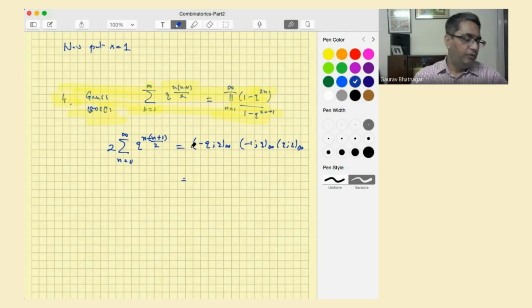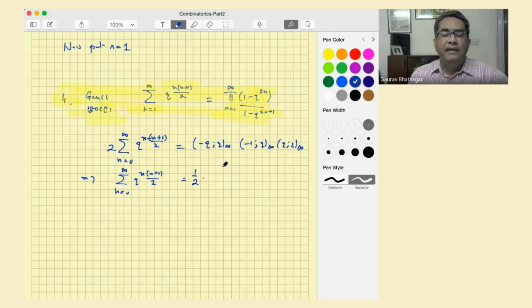So what do we do? What we do is that, so bring the 2 on this side, first of all. Right? And then this is minus q. So I'll just write it out. 1 plus q square.